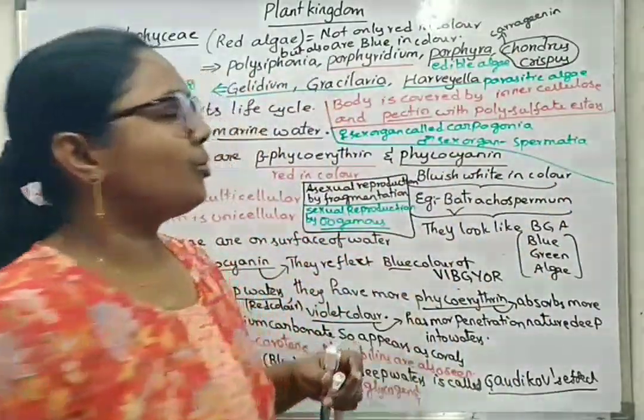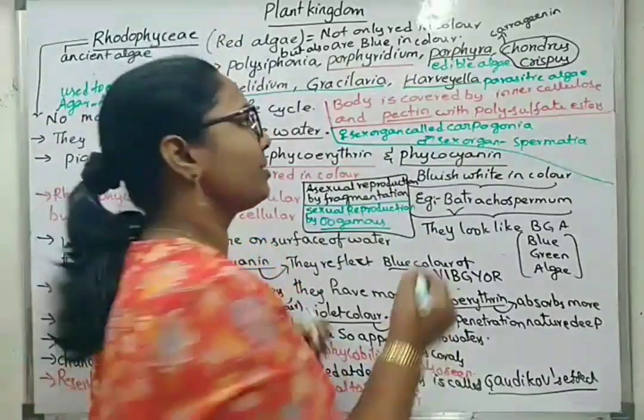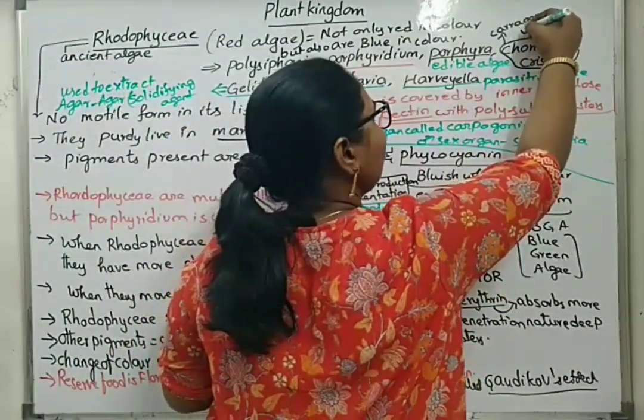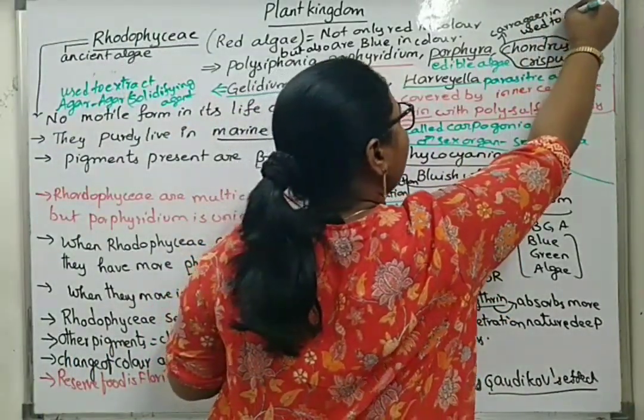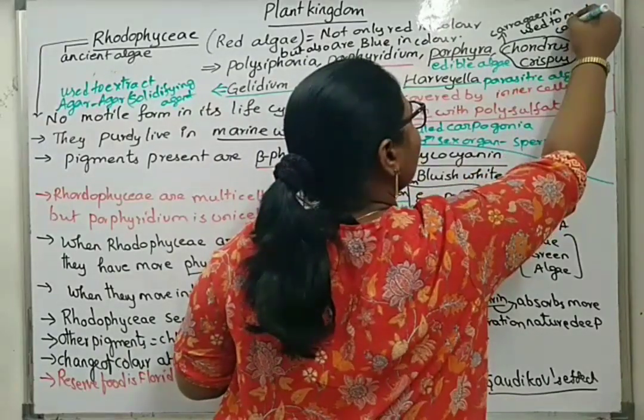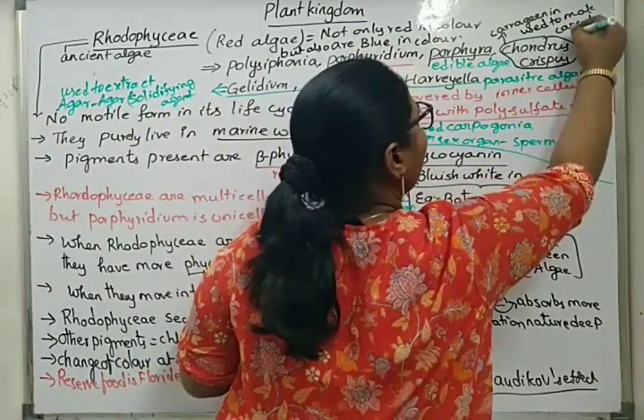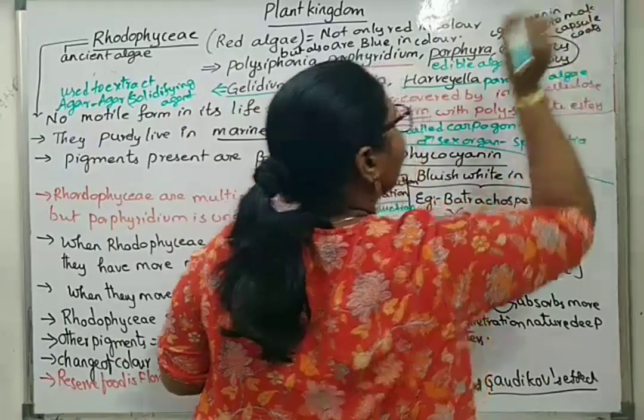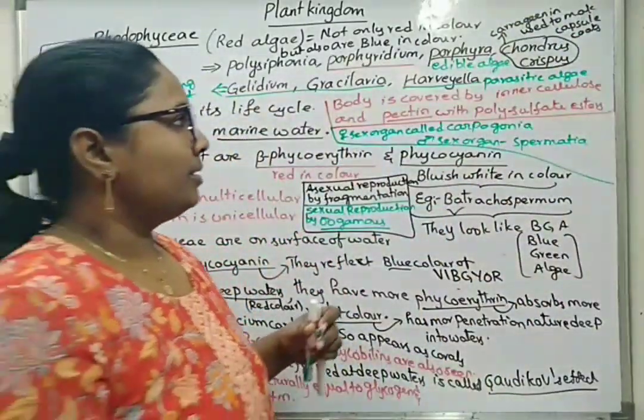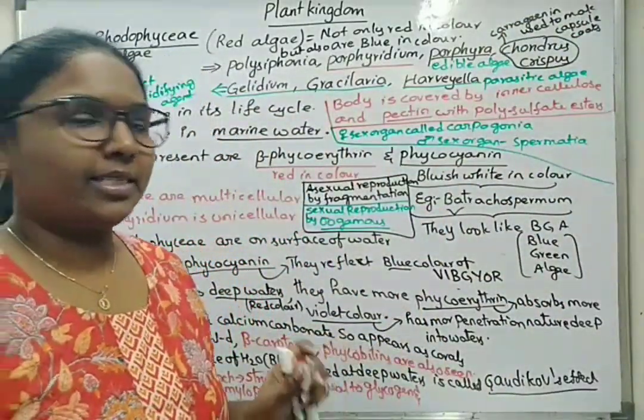Chondrus crispus is used to make the coats of capsules, so inside that capsule there will be medicine.